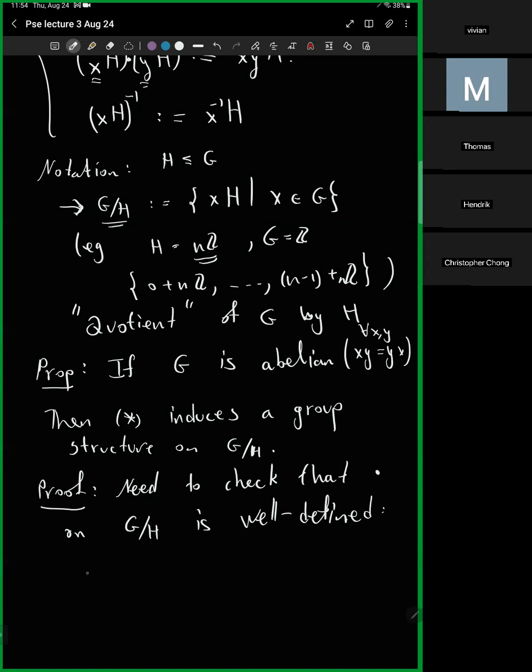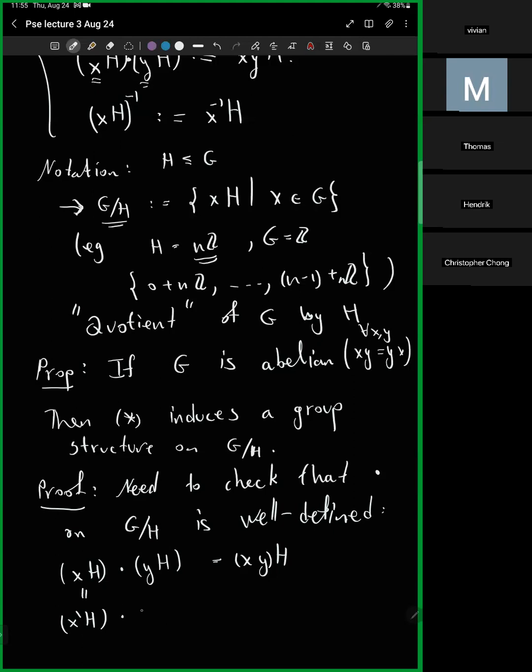You gave me xH and yH, and I told you, okay, I can multiply: xyH. But suppose you now tell me, instead of xH, I give you x'H. And x'H is equal to xH, but x is not equal to x'.